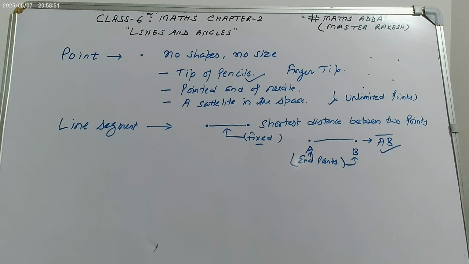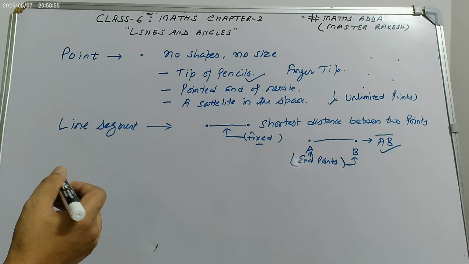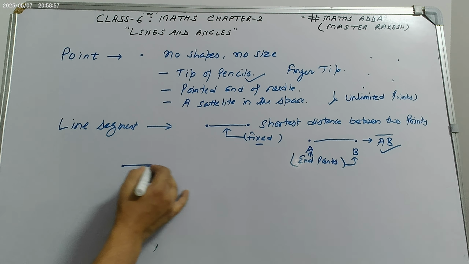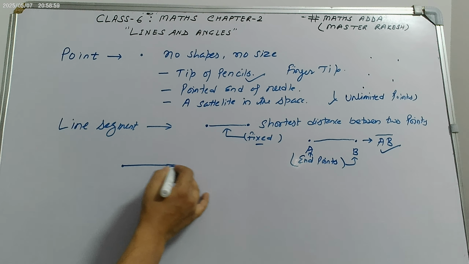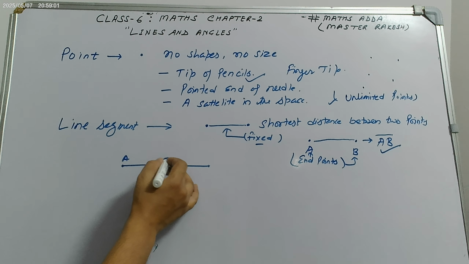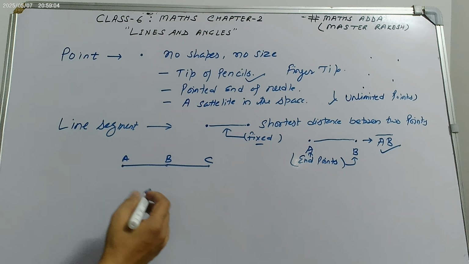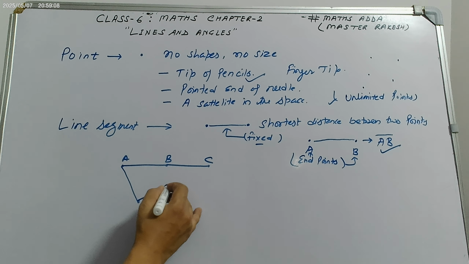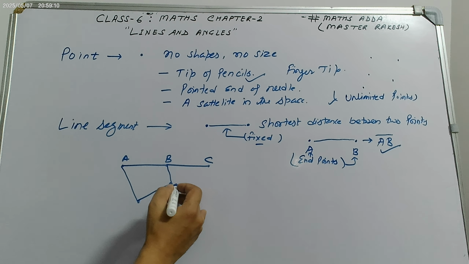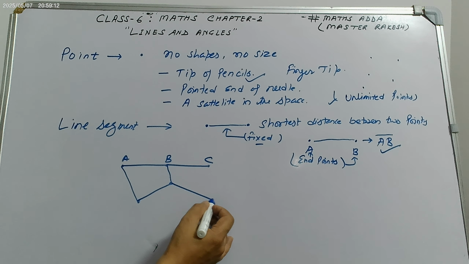Suppose I write any 5 line segments. If this is a figure like this, A, B, C, a rough figure, you are connecting this, again connecting like this.